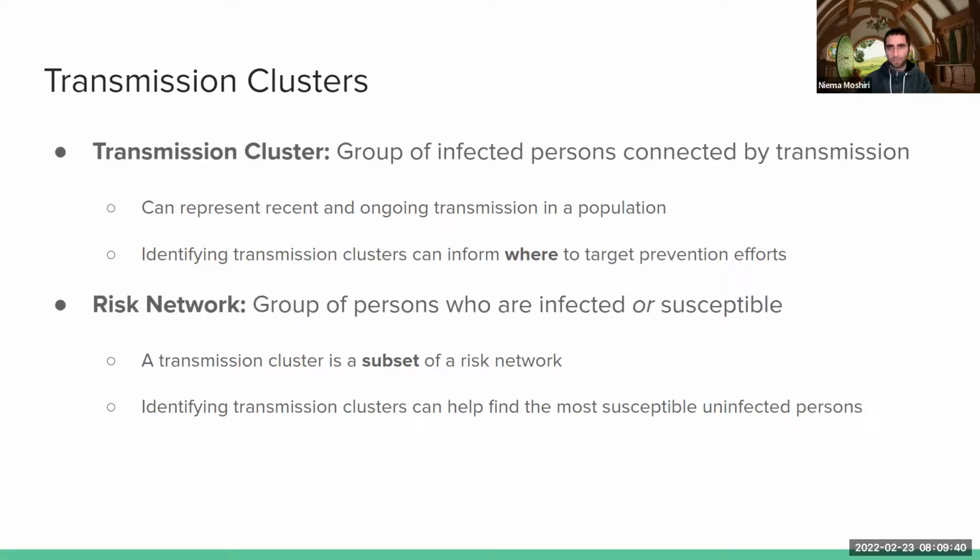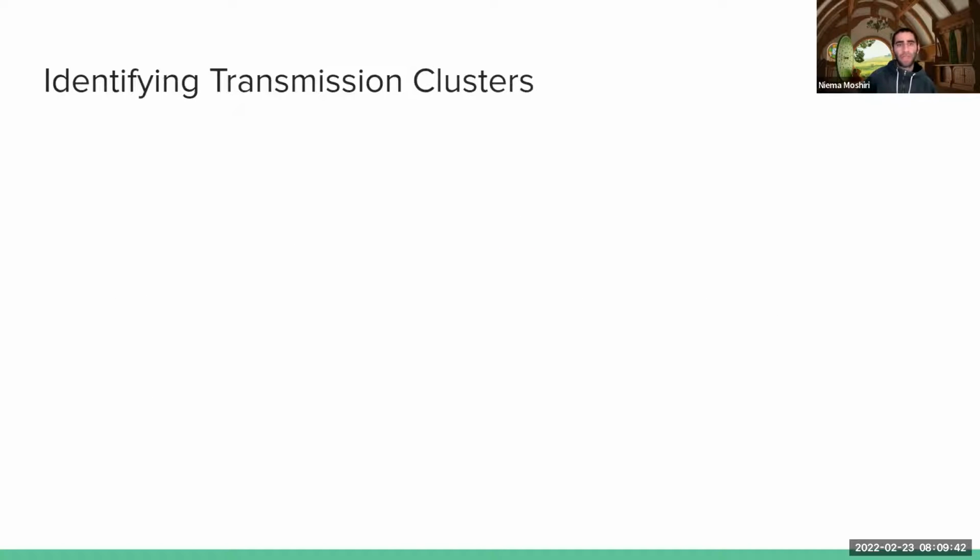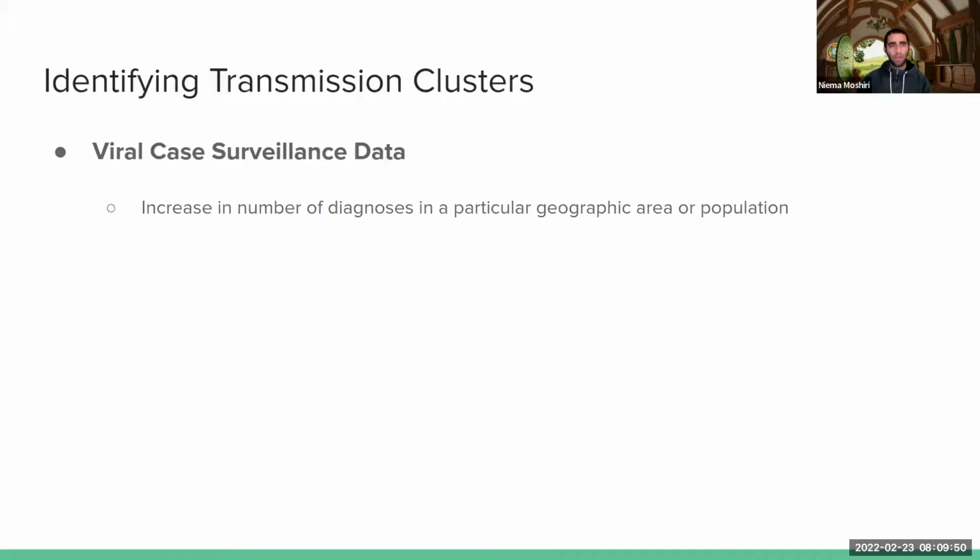Okay. So how do I actually identify transmission clusters? One very popular way of doing this is through viral case surveillance data. In general, if I'm tracking how many cases of a given virus there are in different geographical regions or in different populations, I can see, oh, there's an uptick in how many diagnoses there are in this specific area.